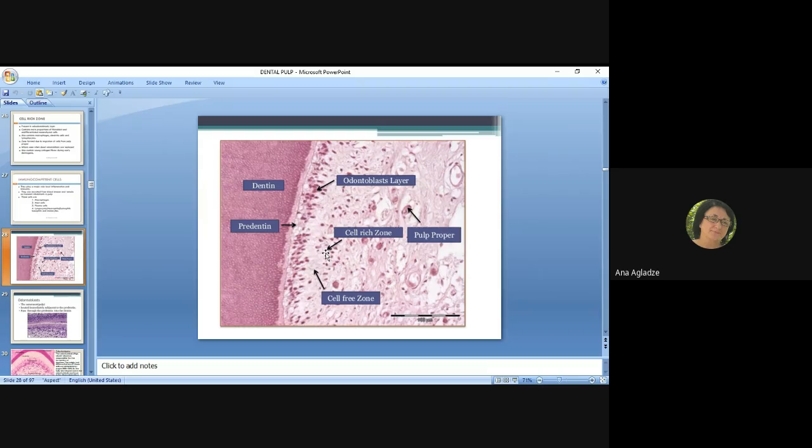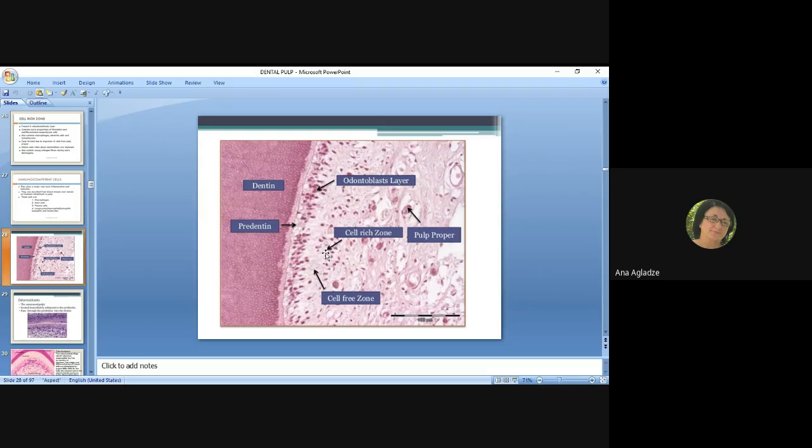These cells are columnar, actively secreting cells, and they have a diameter of 5 to 7 micrometers and a height of 40 to 50 micrometers, and resting odontoblasts are shorter and less polarized.